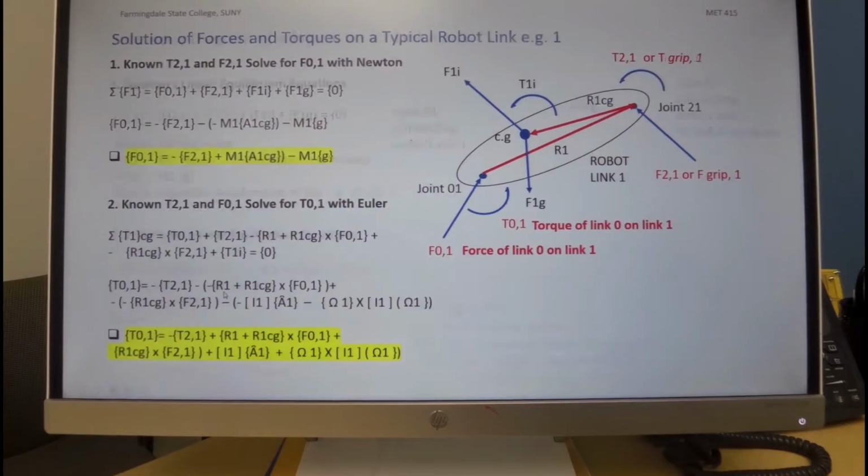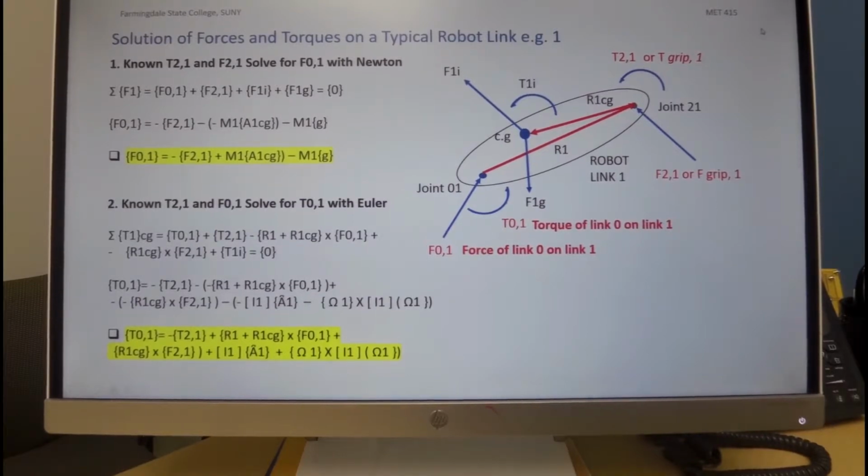So to get a solution, we would have to take the equation of summation of forces, and the first thing that we want to do is to solve for the unknown force, which is over here. We know these forces because they're coming in from previous solutions of the previous link.